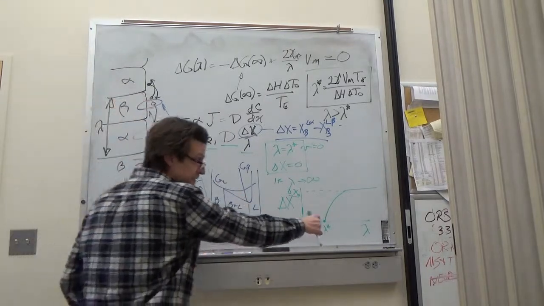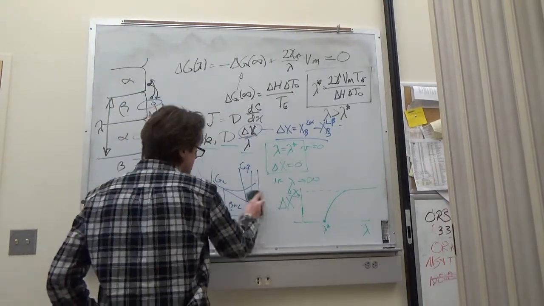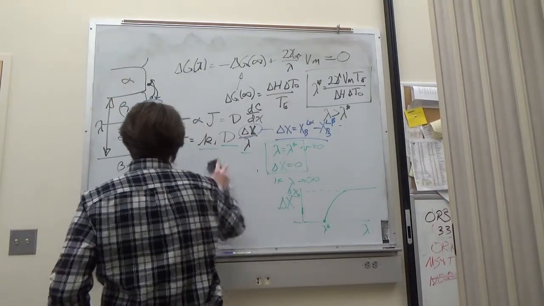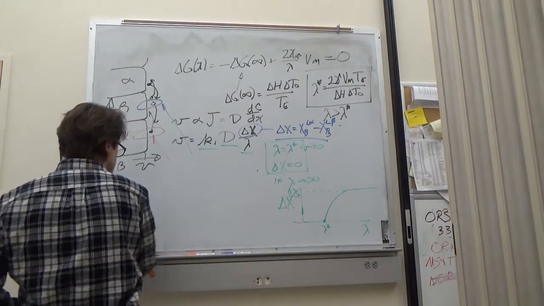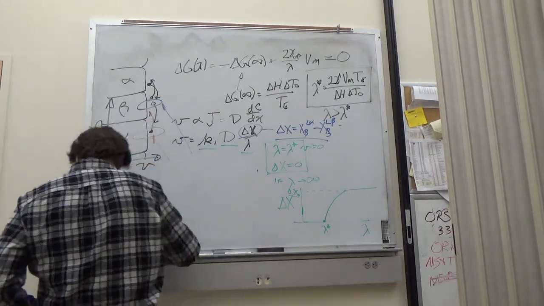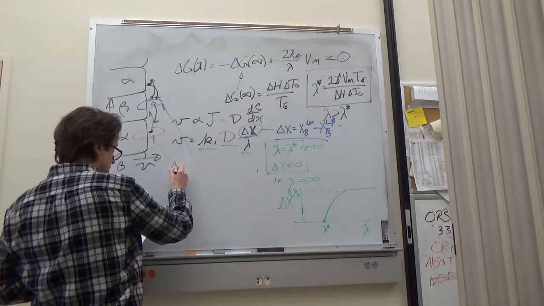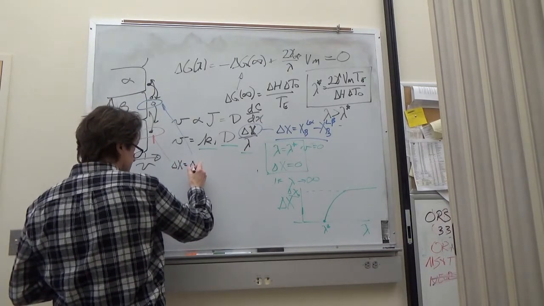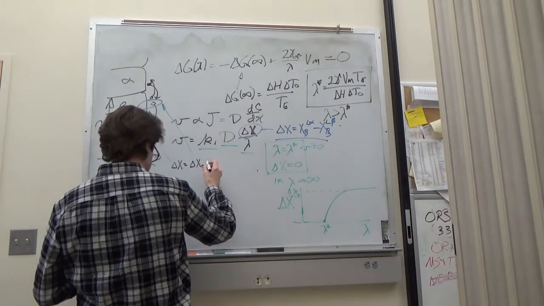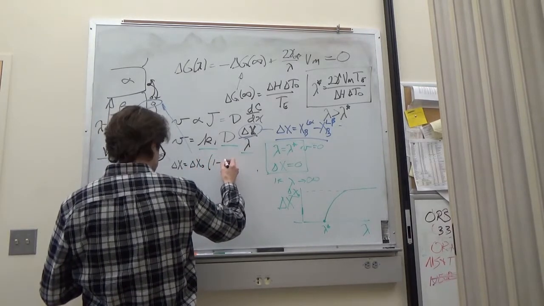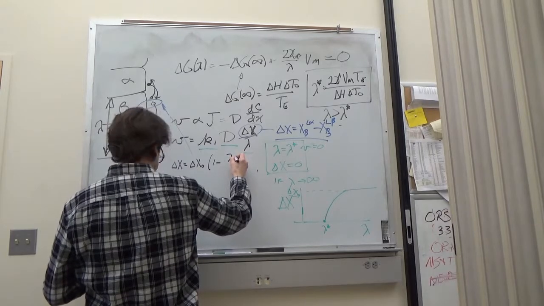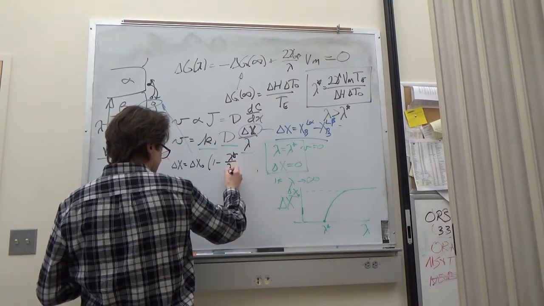And an equation which gives us this shape is this. Delta X is equal to delta X naught times 1 minus lambda star divided by lambda.